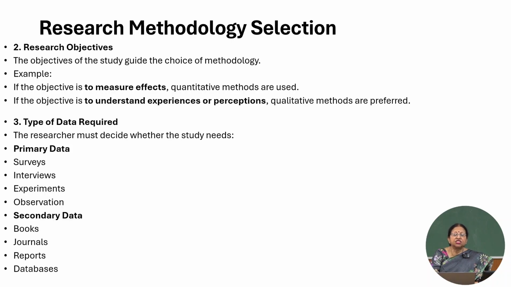A researcher must decide whether the study needs primary data, that is, surveys, interviews, experiments, observations, or does it require secondary data, books, journals, reports, and databases. So, depending on that, you will make a choice of the type of data that is to be dealt with in your research problem.